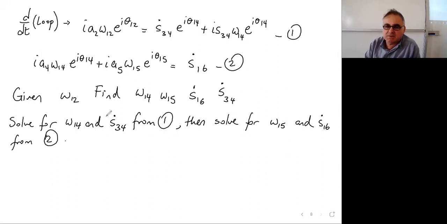The equations are linear in terms of the unknowns. They might be very complicated equations, but the solution is possible. Whereas for the position analysis, it's a little bit harder.